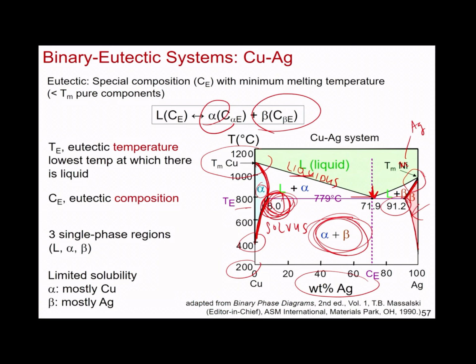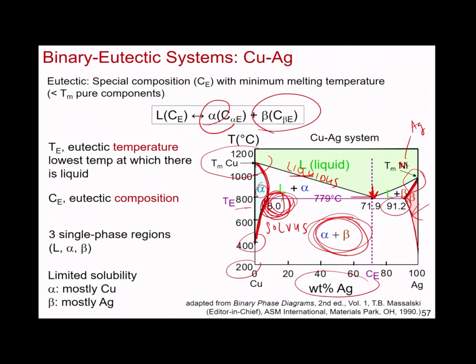Okay, so if you want to strengthen copper with silver, you can, but you have to elevate the temperature to 800, and then you can get the silver in there with some limited solubility. And then you just get alpha and beta. You get a two-phase system, and then your microstructure is different, your properties are different. You have a whole different beast. Okay? So that's how one would read this phase diagram.